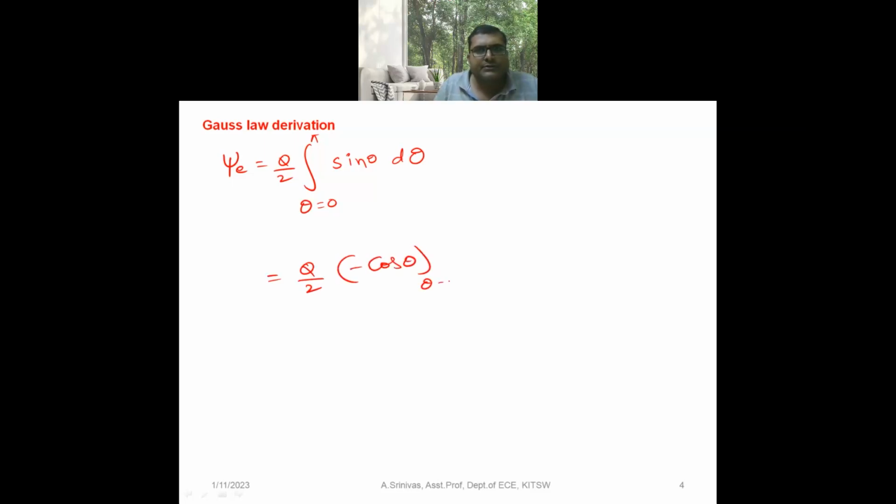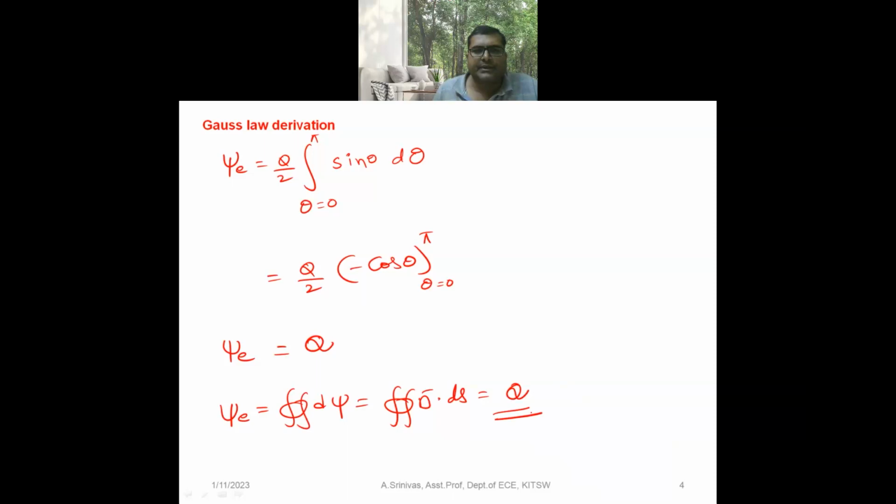The integration ranges from 0 to pi, and after substituting the lower and upper limits, we get the electric flux equal to the amount of charge. Once again, I will write the equations. The electric flux through a closed surface is equal to the closed integral of D dot dS, which is equal to Q. It is the statement of Gauss law.